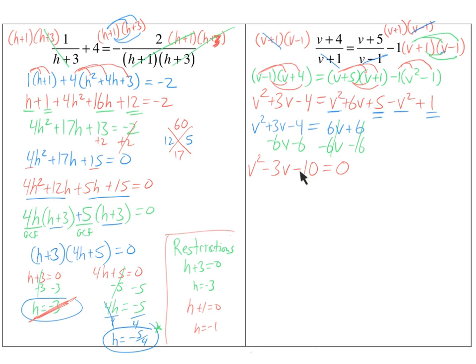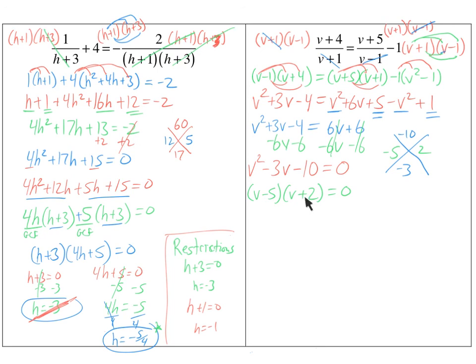So I now have a quadratic equaling 0, which I'm going to use factoring to solve. So with factoring, I'm going to put the negative 10 on top and the negative 3 on bottom, which looks like negative 5 and 2. So that's v minus 5, v plus 2 equals 0.